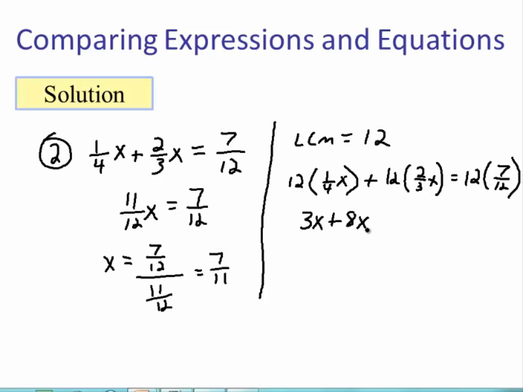So this becomes 8x, and then these 12s cancel, and we're left with 7. This becomes 11x equals 7, and then x is 7 divided by 11, which is the same answer as we got over here.